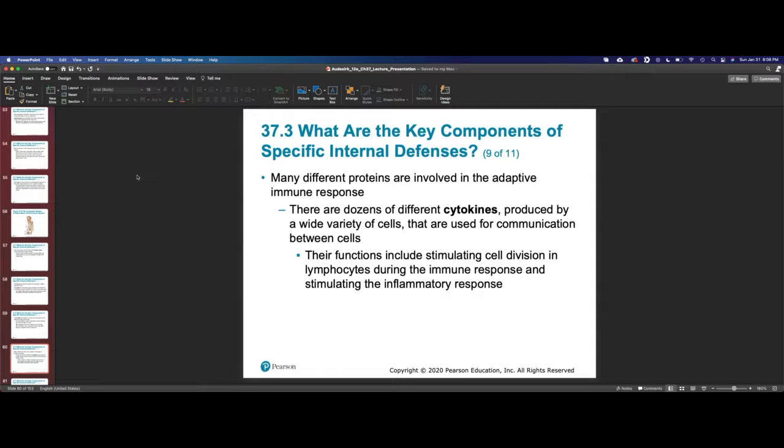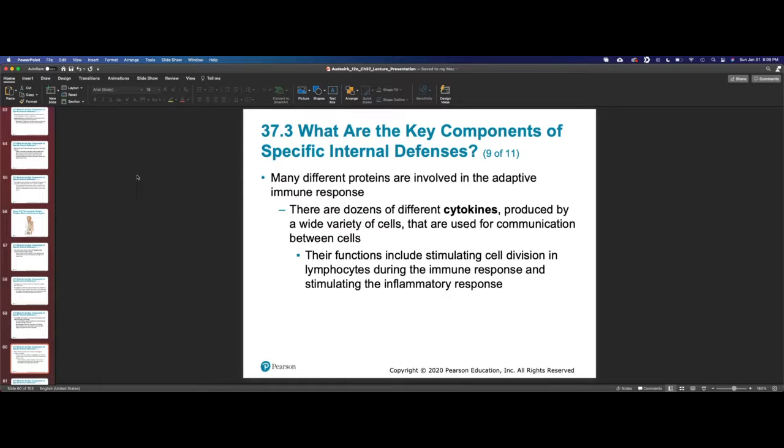And so some cells will secrete a certain kind of protein, and collectively they're called cytokines, and they're used for communication between cells, and they can stimulate some of the white blood cells as part of their immune response and inflammation response.